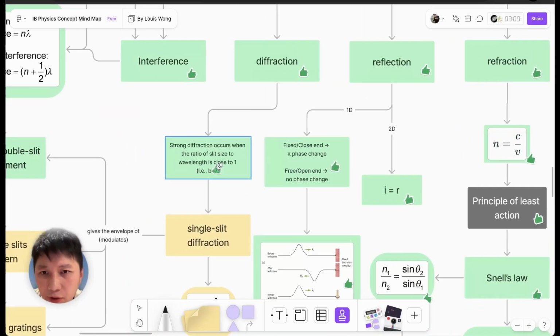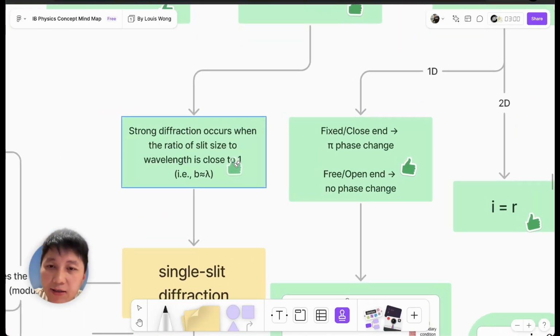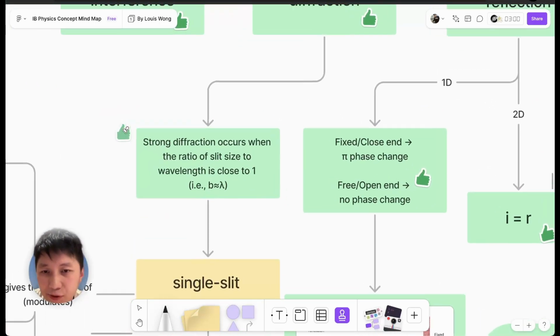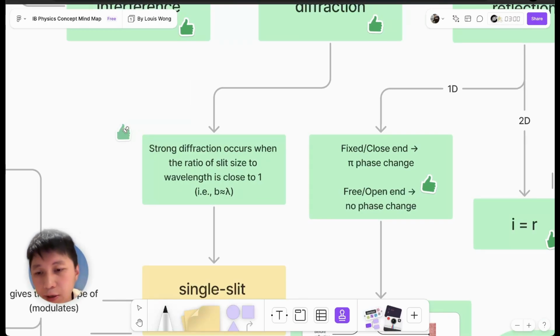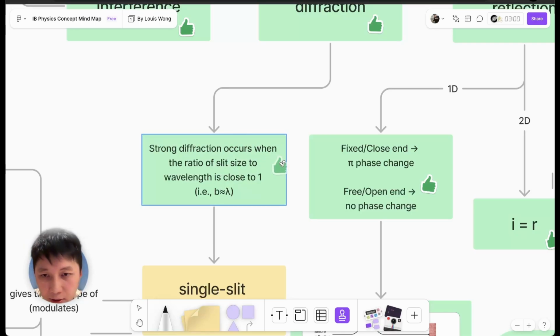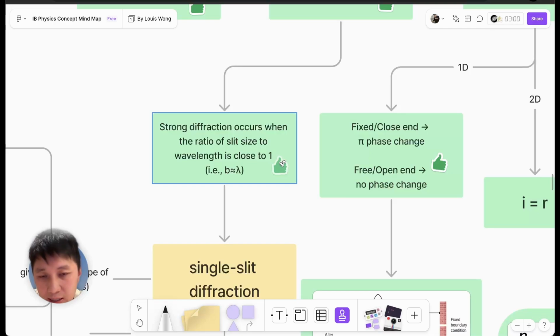Now, moving on to diffraction, something that for the SL student, I mean everyone, is easy to recall as a rule of thumb. You should expect a strong diffraction pattern to occur when the slit size, as you can see, there's an aperture with a wave trying to get through it, and that's how the wave spreads out.